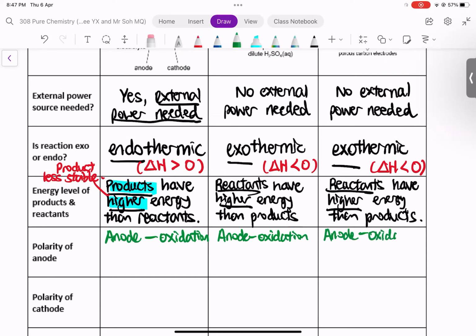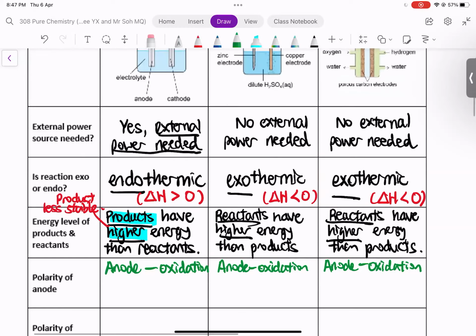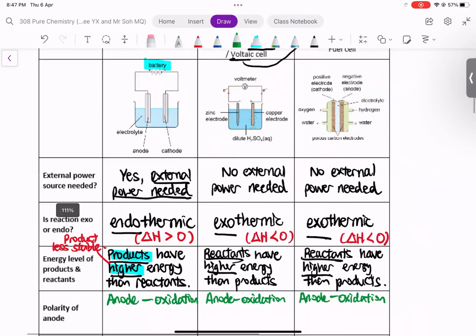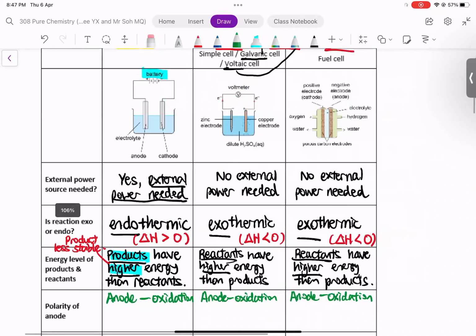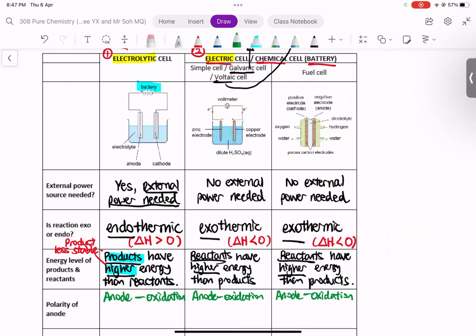So I would advise you to write this in a slightly different color. The anode is always where oxidation happens. So N-ox.